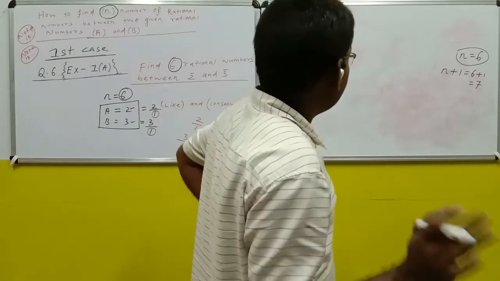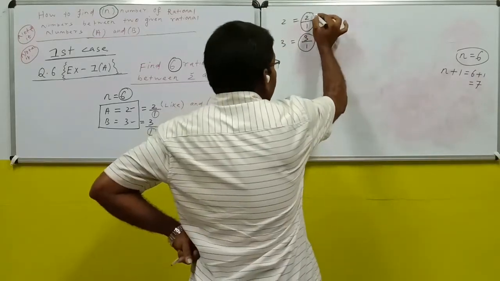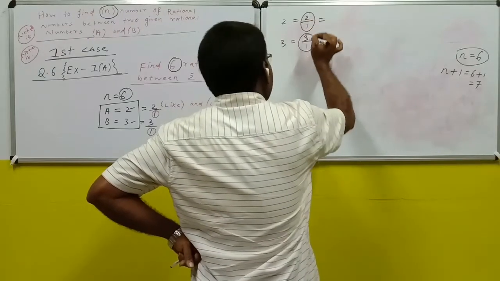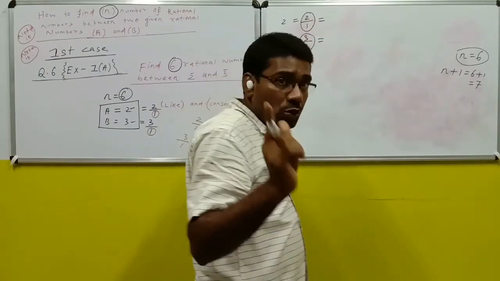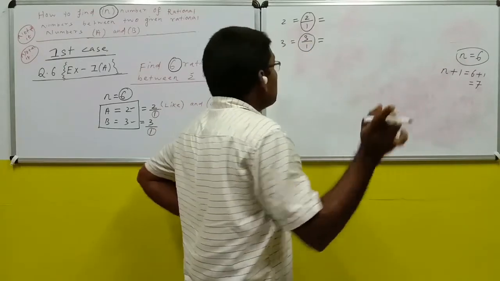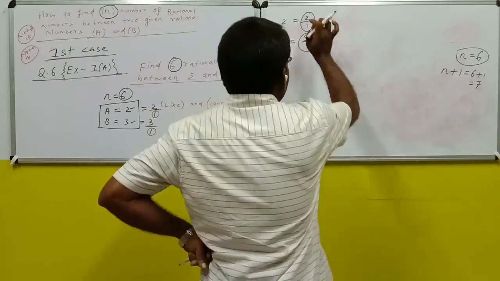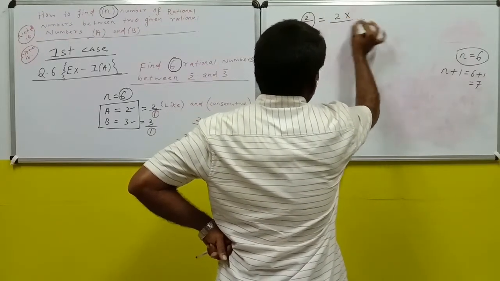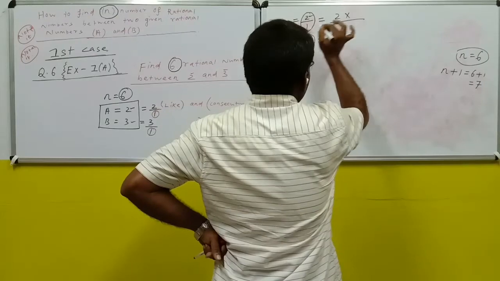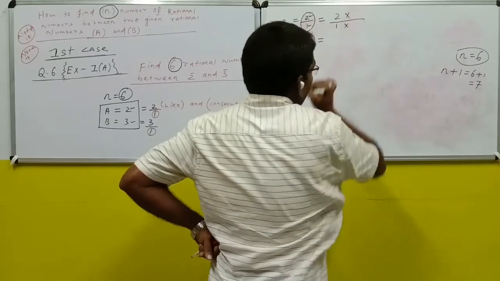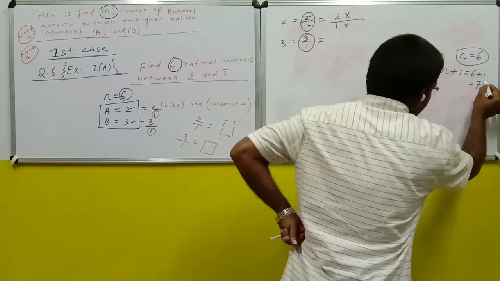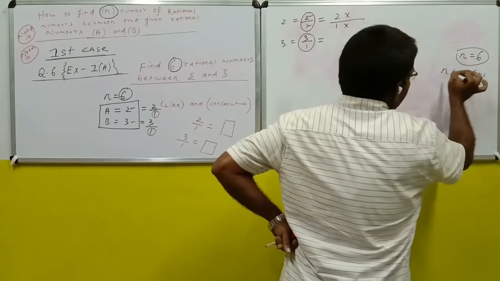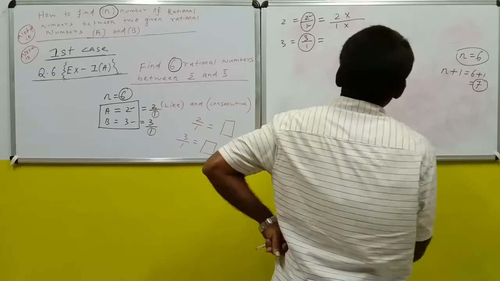Now, what will you do? You simply multiply the numerator 2 and the denominator 1 by n plus 1, that is 7. As n equal to 6, therefore n plus 1 equal to 7.